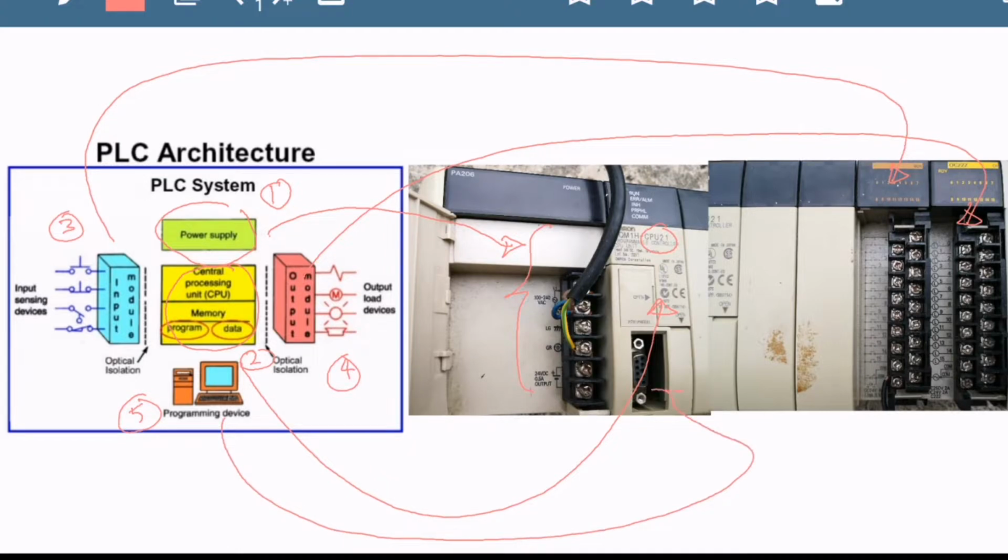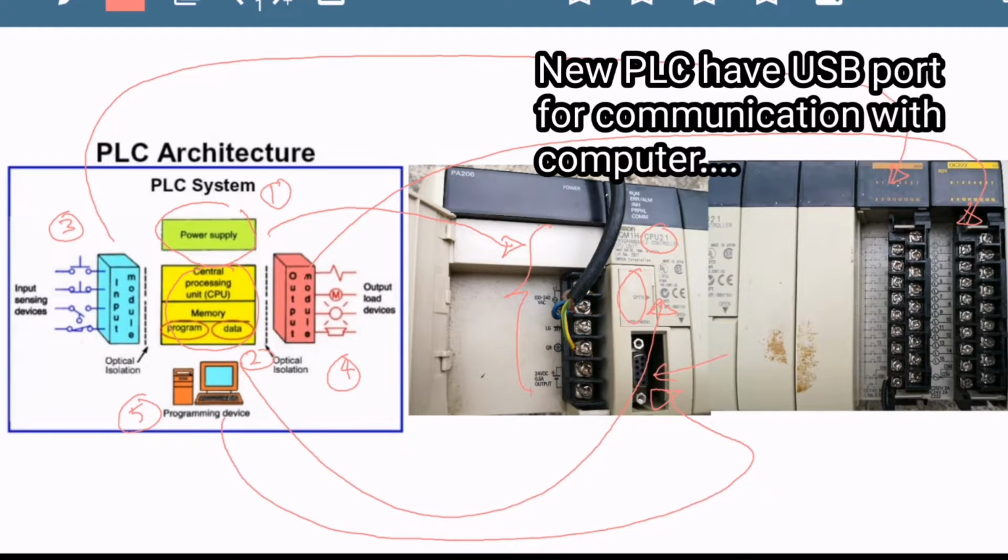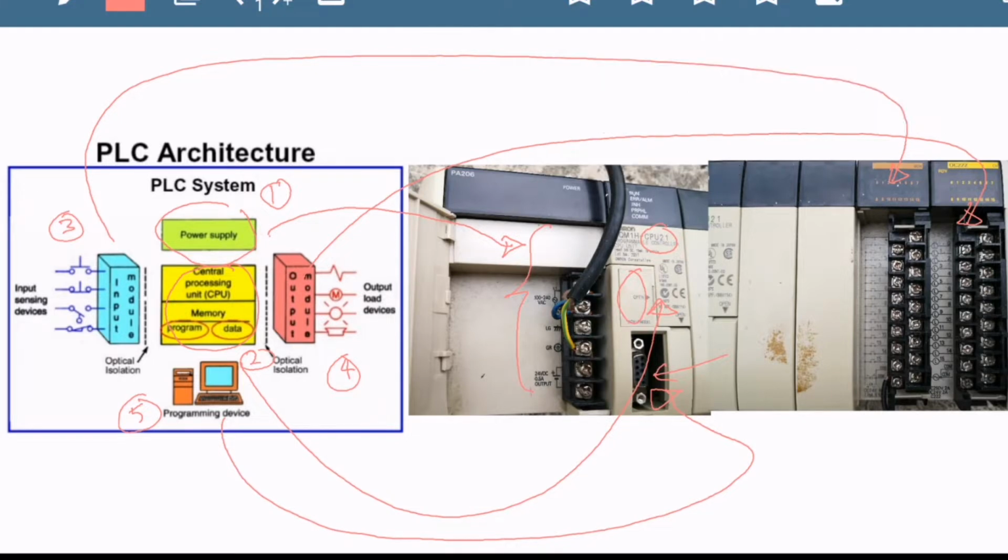Your computer, your laptop, or if you have a programming console, you will need to link your programming console somewhere here. If it is a computer, it is here, using this serial port, the RS232 port, to communicate with your programming device.